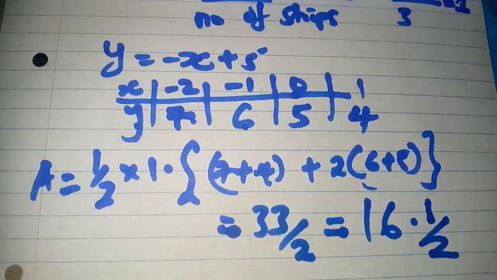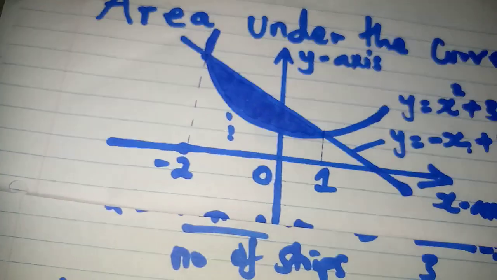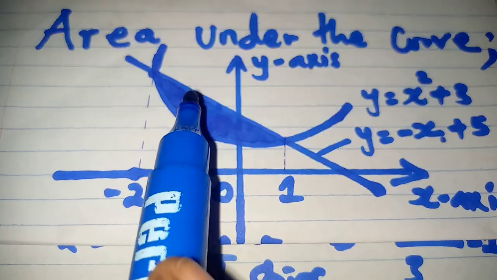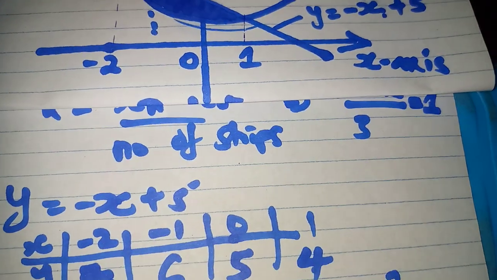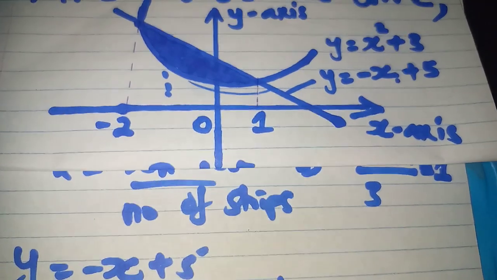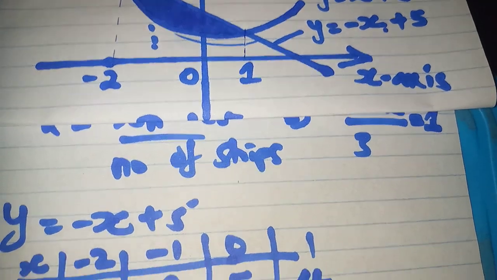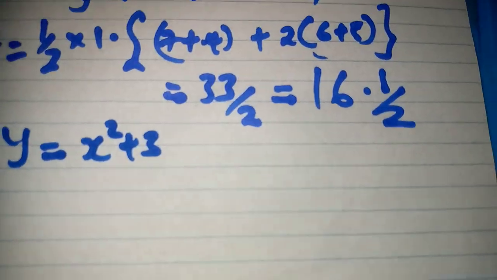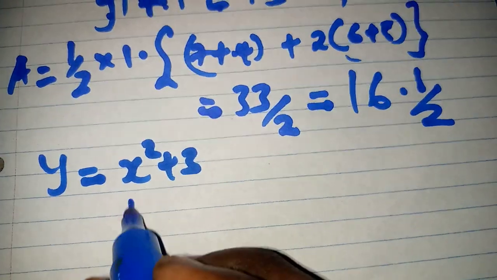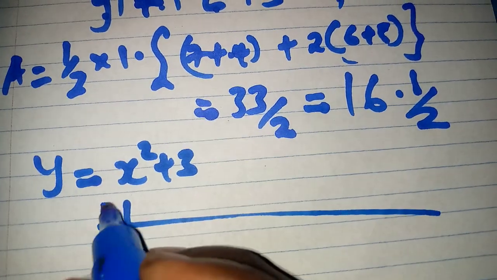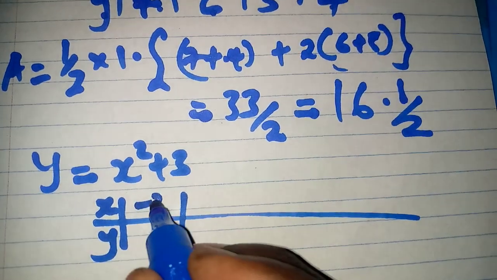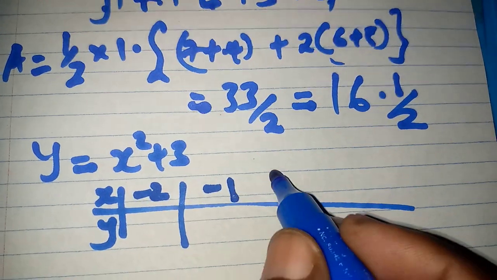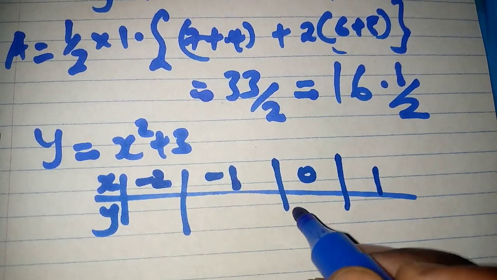So applying the same approach for my curve there, y is equals to x squared plus 3. Then I'll also generate my values of x and y: -2, -1, 0, 1.